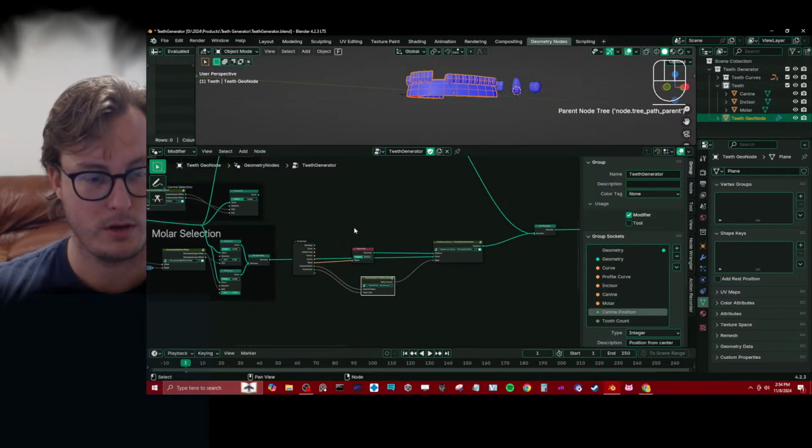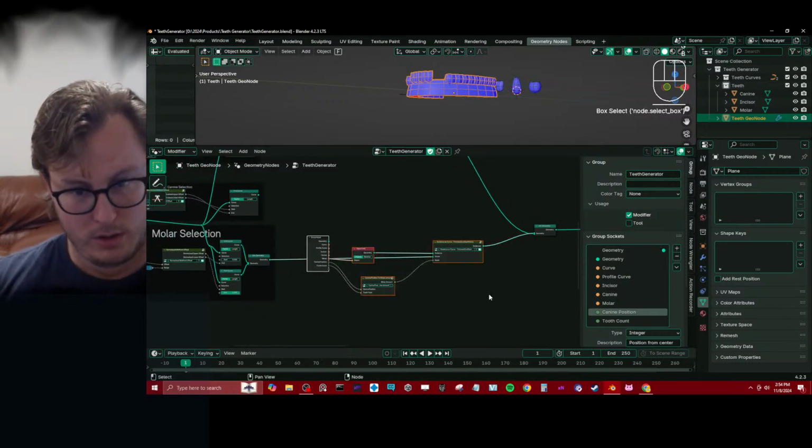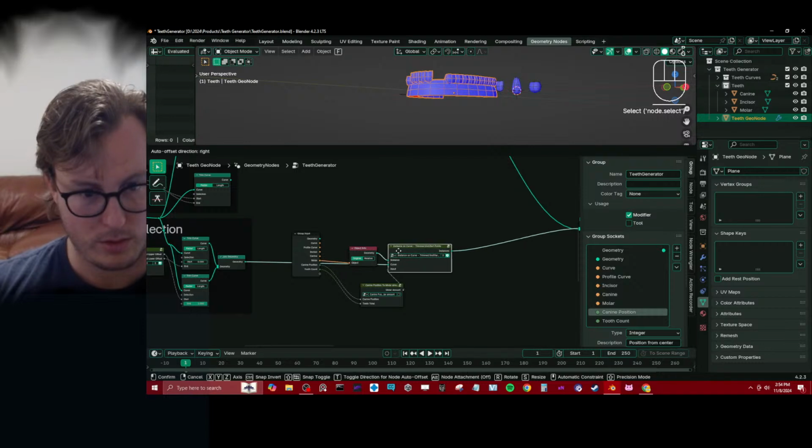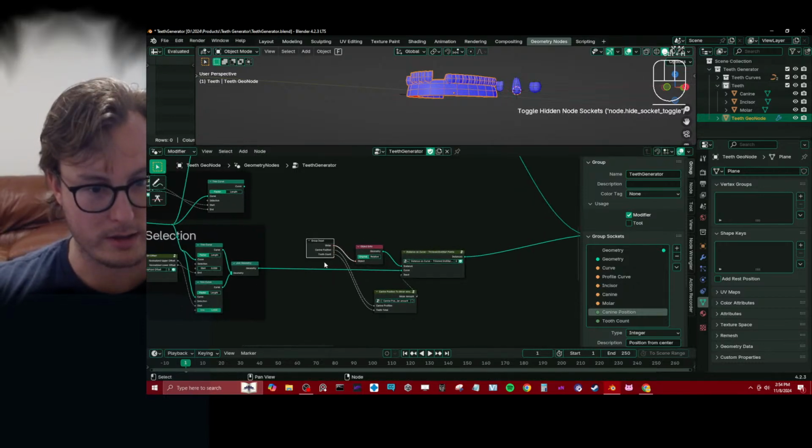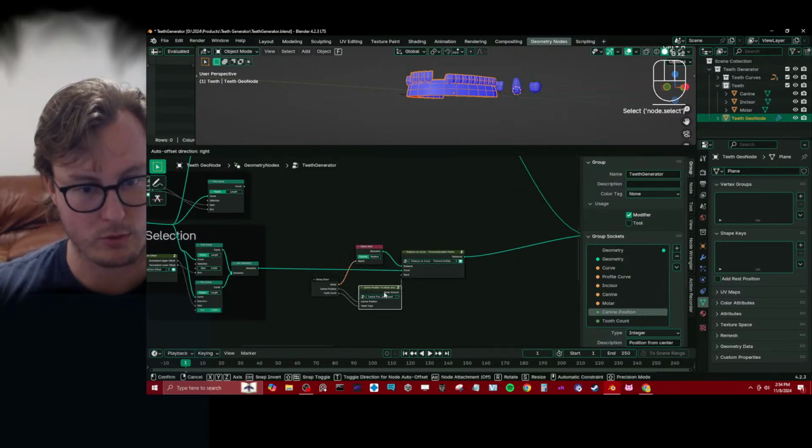Beautiful. This is looking a lot more elegant and robust.